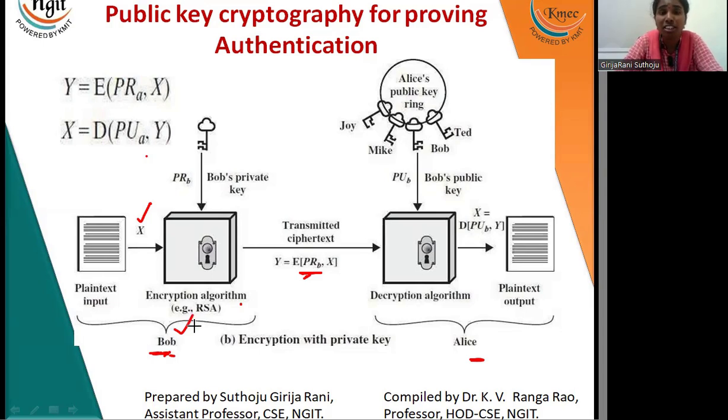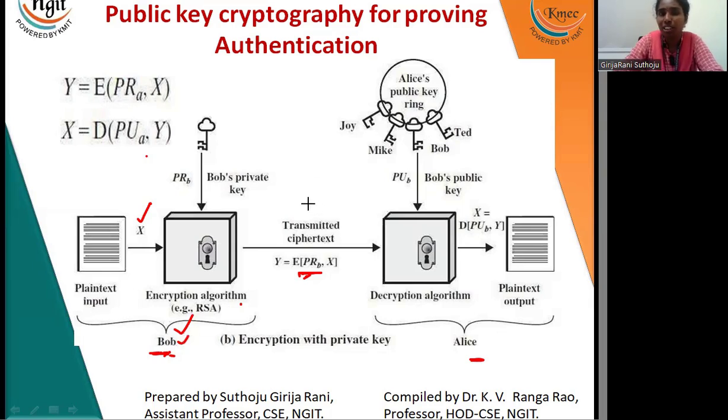So authentication is very clear, like who is sending that. Later, Bob cannot deny that he didn't send this message to you, right? Here, the authentication is very clear because this is a private key of Bob, which will not be available to any other in the universe except Bob.